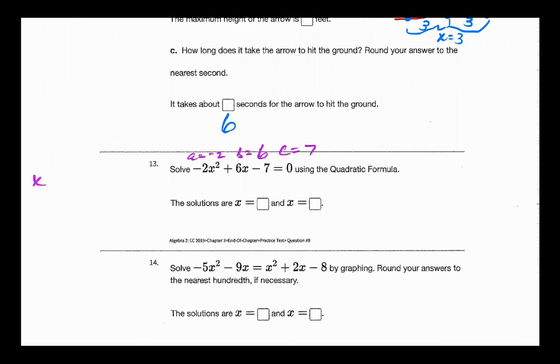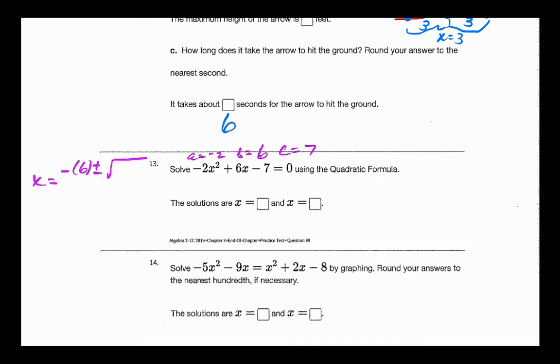X is equal to negative B, which is 6, plus or minus the square root of B squared, which is 36, minus 4 times negative 2 times negative, well, I should write it all down. I'm sorry, trying to jump the gun here.